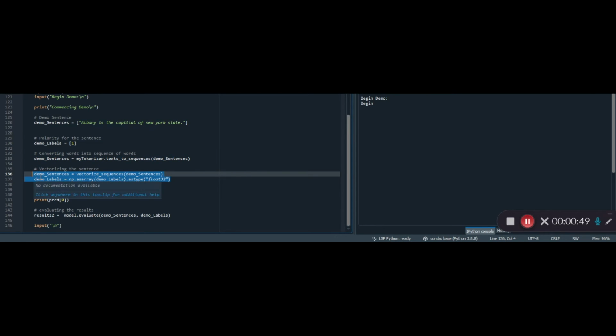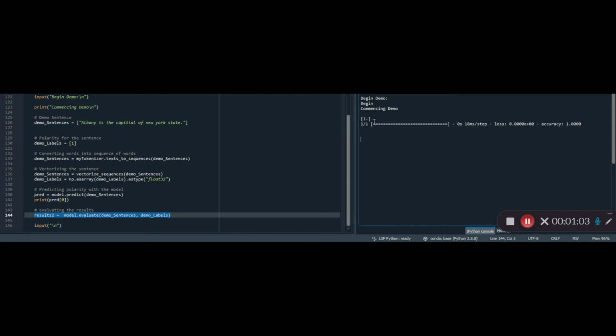After the transformations, the sentences will be passed into the model, outputting a label. And lastly, we'll evaluate our model. As you can see, the model predicted 1, which is the correct answer. And since we only had one case, we evaluated our accuracy at 100%.